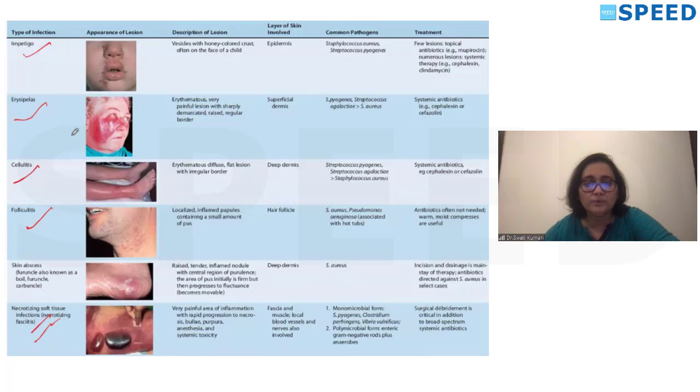Erysipelas, with painful erythematous lesions. Cellulitis is inflammation of skin and subcutaneous tissue. Folliculitis is something like a pimple, where the hair root gets infected. Then you have abscess, a red tender region, then necrotizing infections.